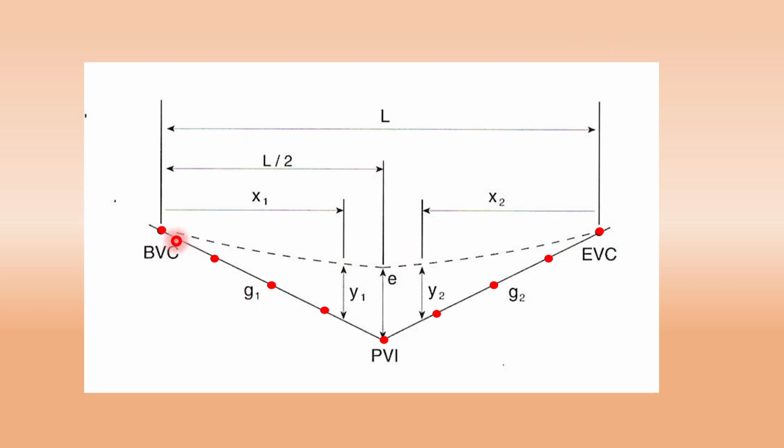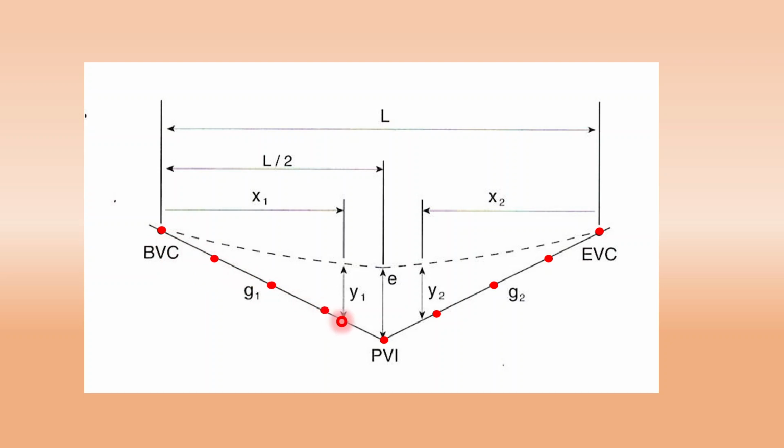How far we go along these gradient lines is completely dependent upon how often a contractor needs information to build this curve correctly. It might be every half station or every 50 feet. If it's a small, tight urban curve or an urban road, maybe it's every 10 feet if it's a steep curve. So that's completely dependent on the construction needs.